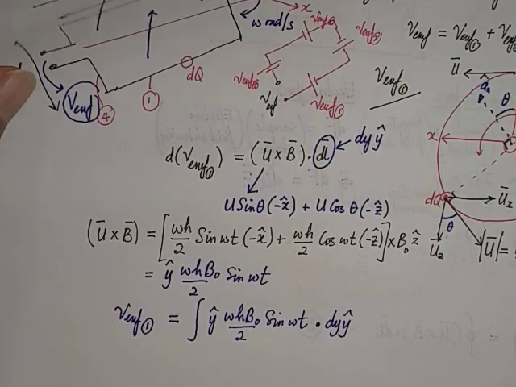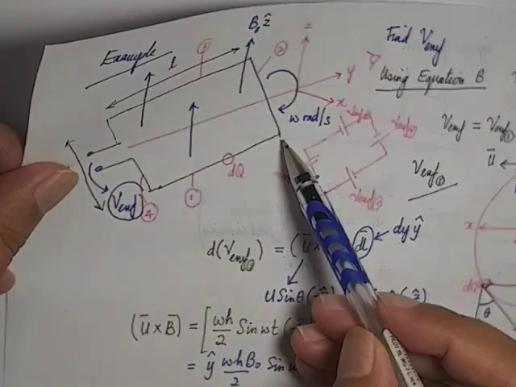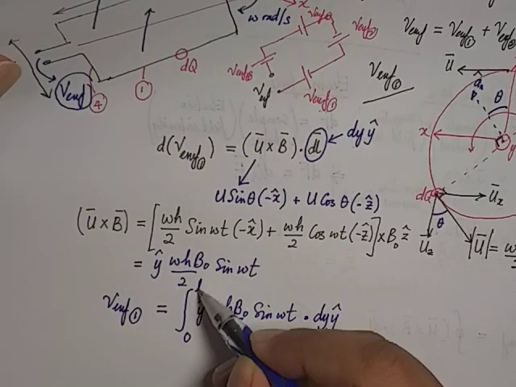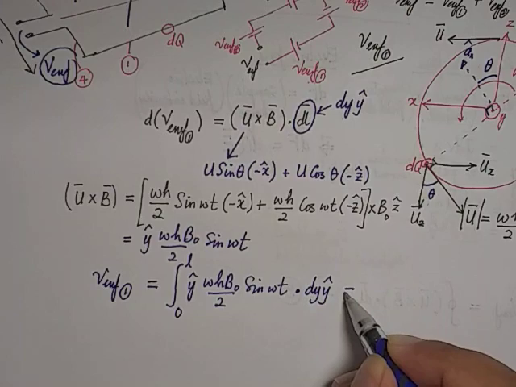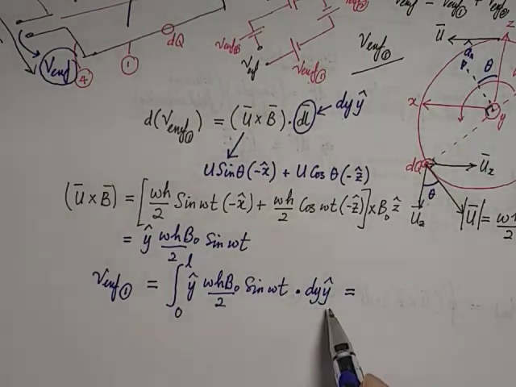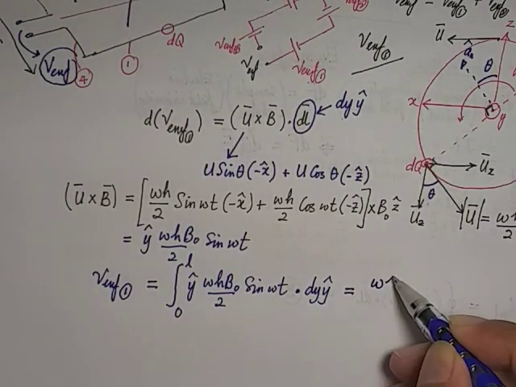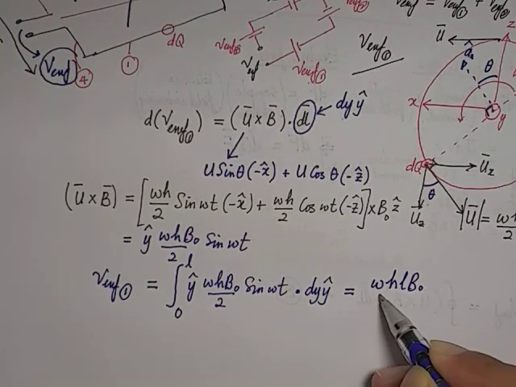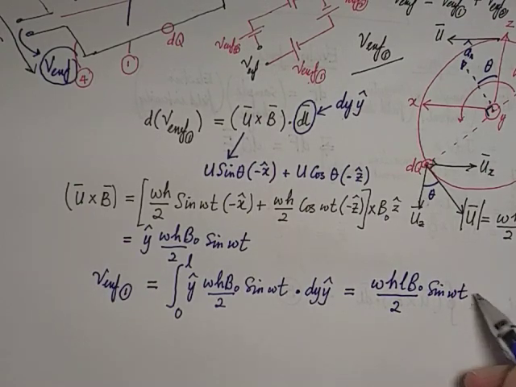So now let's set the limit. I'm going to integrate from where to where? From this point to this point. So what should be the limit here? 0 to L. Therefore, this particular integration is going to be equal to y dot y becoming 1, so omega, the angular velocity, times h times L times b naught over 2 sine omega t volts.